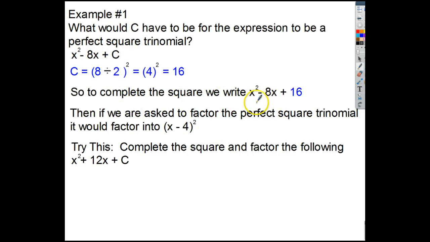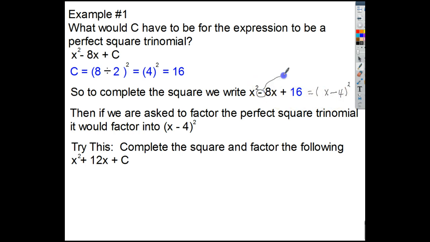All right. Then if we're asked to factor the perfect square trinomial, it would factor into x minus 4 squared. Okay. So we take this, and we'll notice that there's the sign between these. It's going to be x, and it's going to always have what this sign is. So it's going to be minus, and then of course it's half of 8 is 4, so it's x minus 4 squared.